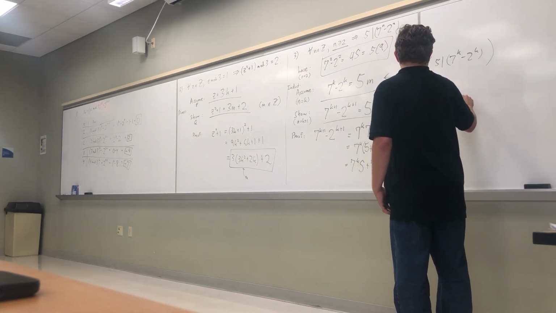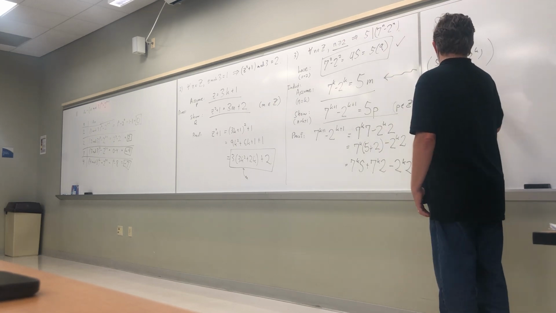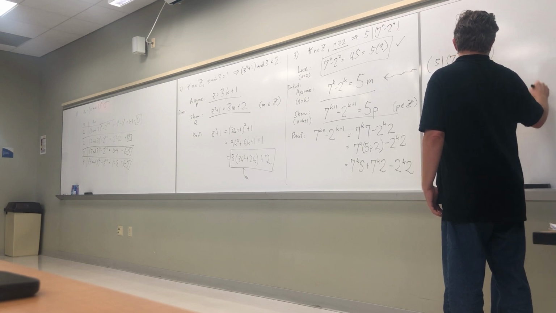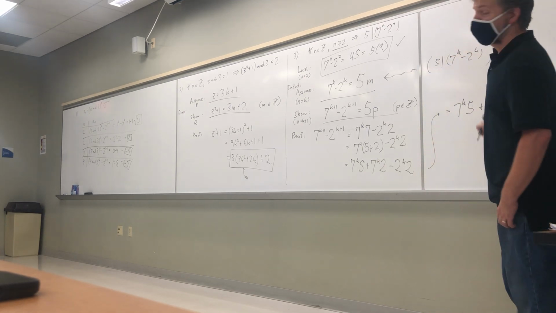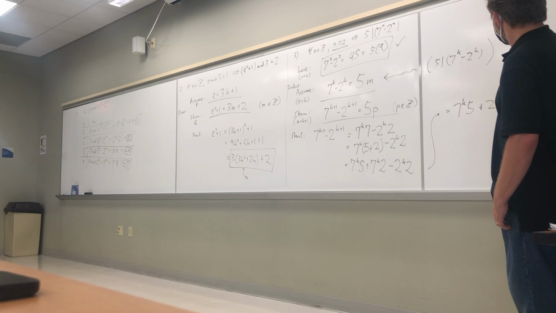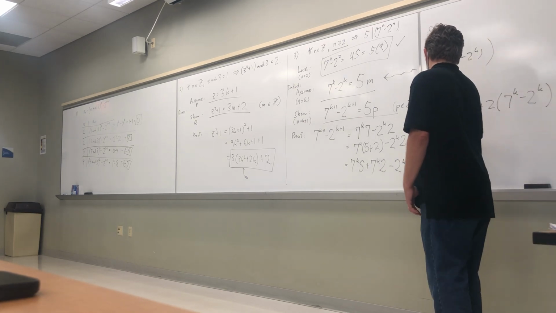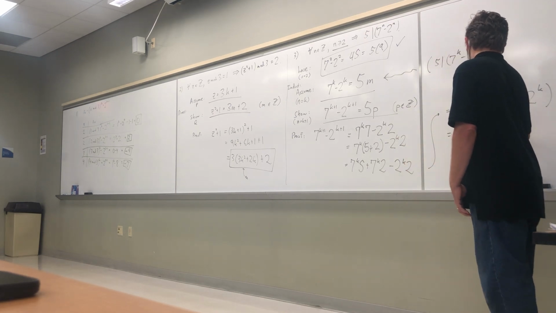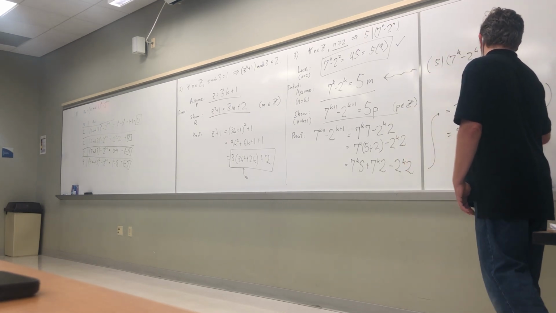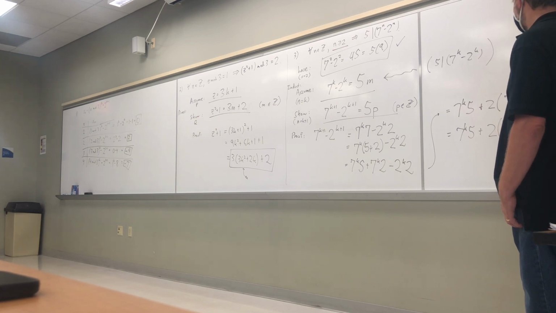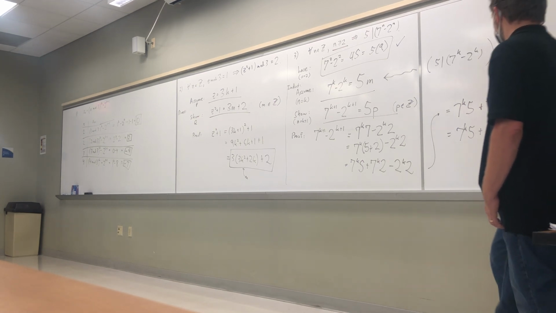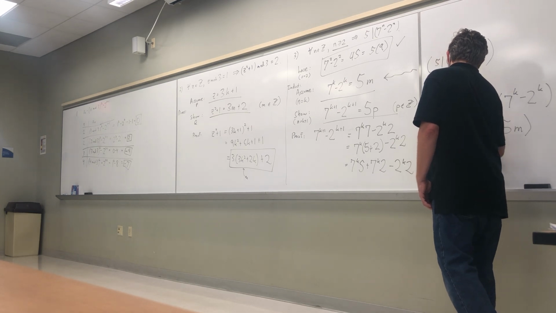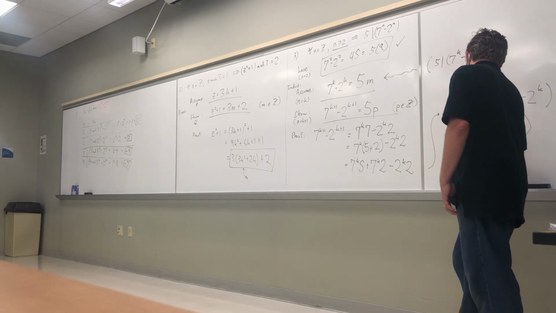So 7 to the k times 5 plus 2 times 7 to the k minus 2 to the k. And then I substituted 5m. 7 to the k times 5 plus 2 times 5m. And now there's a 5 in both pieces, so you can just factor 5 out again. Or factor 5 out now. 2, 10.